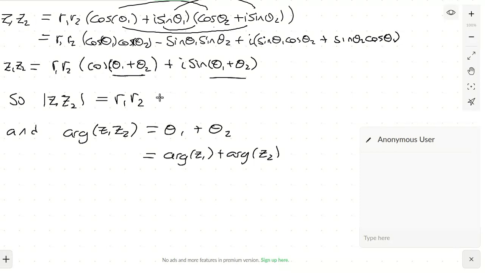I should make clear that the modulus is simply the size of z1 times the size of z2. So I can do that in very few lines of working. It's just one quick trig identity that I'm using. I'm not sure why they've made such a fuss of working it out; they seem to have made it look more difficult than it needs to be.